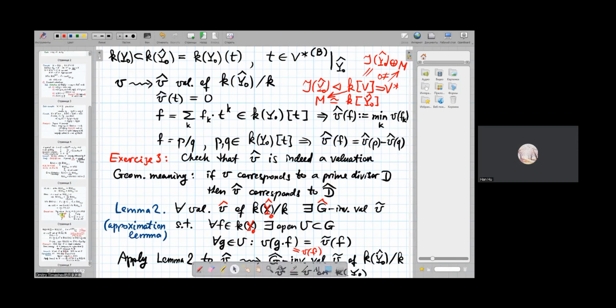Just because, actually, everything is written here. Since V is G-invariant already. Exactly, absolutely. Okay. More questions?